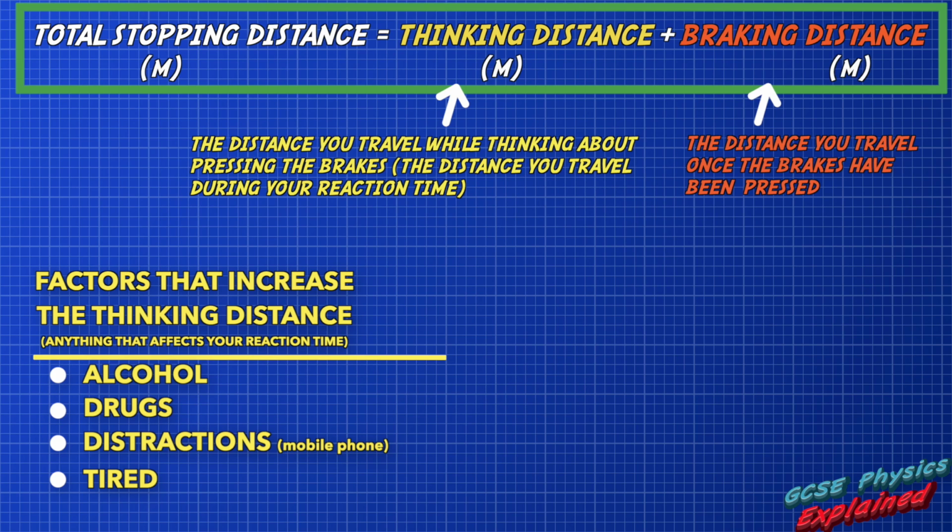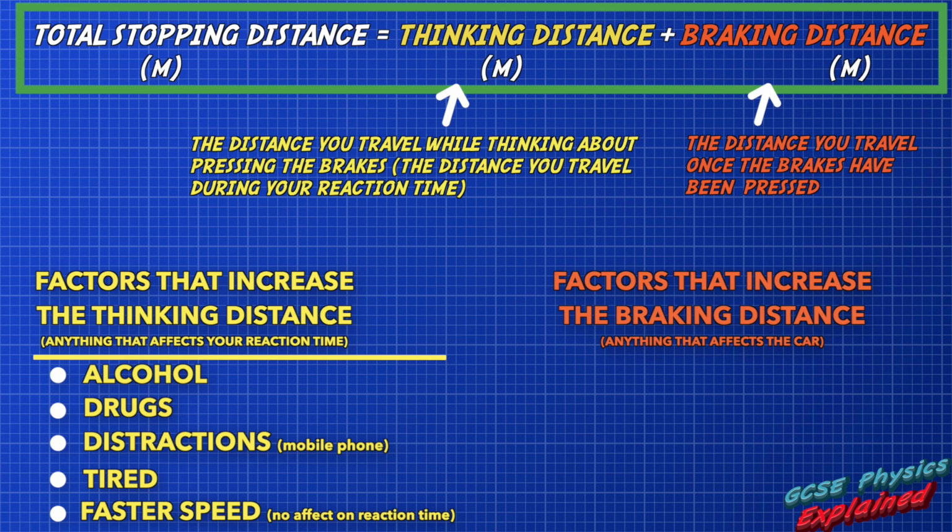One factor that will increase your thinking distance but won't increase your reaction time is travelling at a faster speed. Your reaction time will still be about 1/4 of a second, but you will travel further in that 1/4 of a second if you're travelling faster.